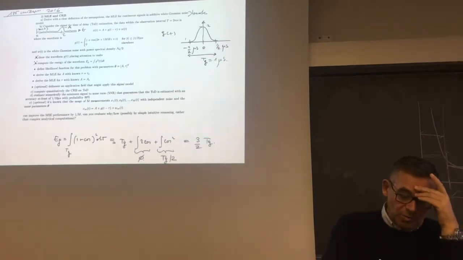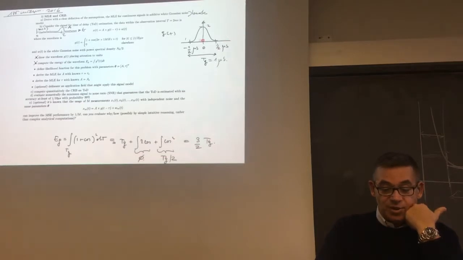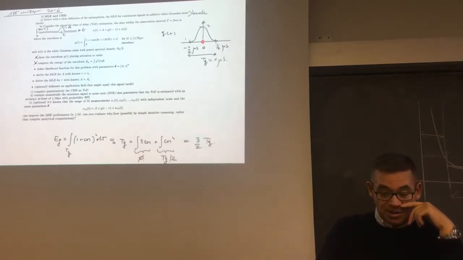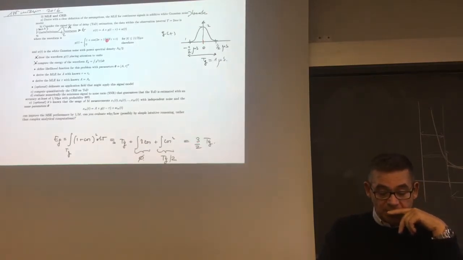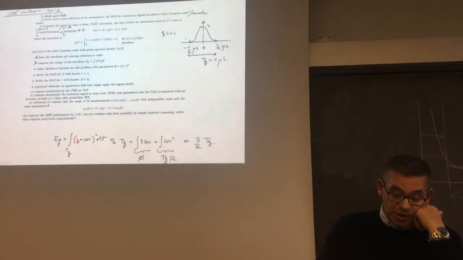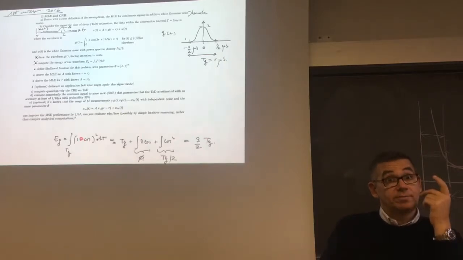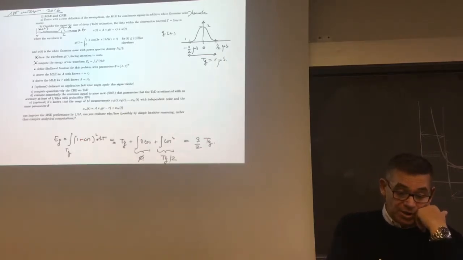Now, second, compute the energy of the waveform. Since the waveform is already given, I compute the energy, and I also copy this. The waveform is 1 plus cosine, squared.